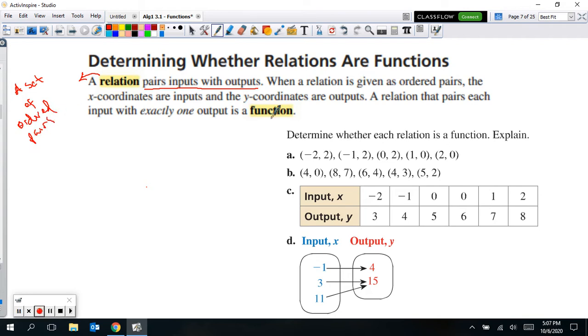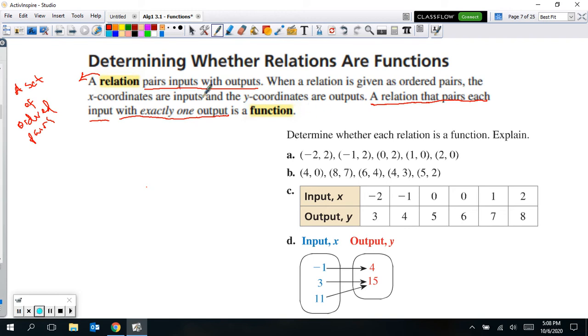Now I need to look at what a function is, because it's saying determine whether each relation is a function. If a relation pairs inputs with outputs, that means x's and y's, pairs them to make the ordered pair, then a function is a relation that pairs each input with exactly one output. Write that down where it says function in the vocabulary. But there's also another simpler way I want you to write it.